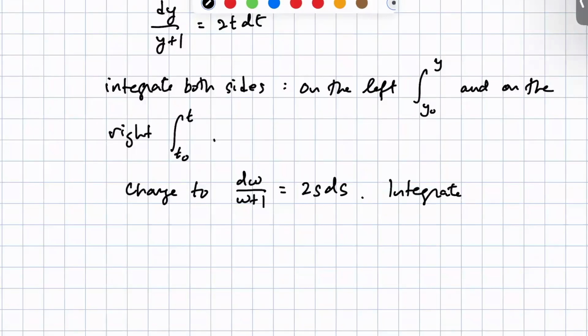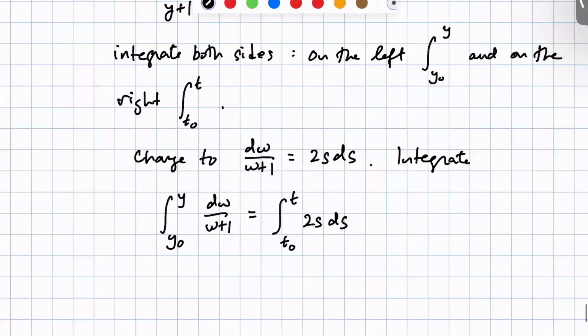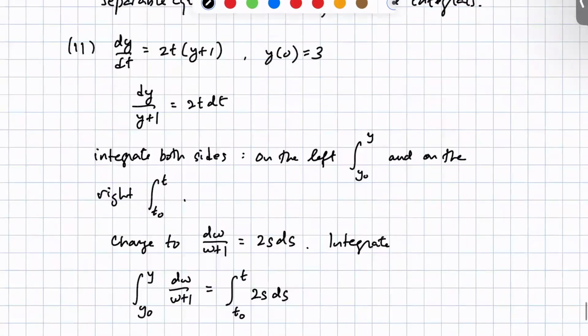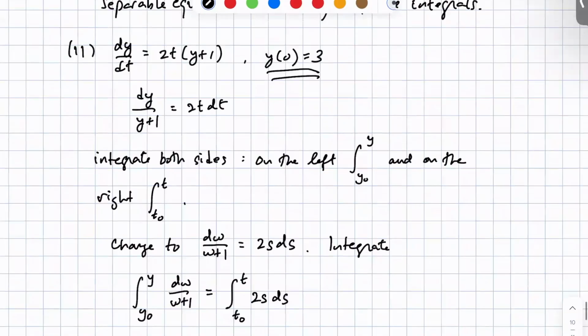On the left, I'm going to have the integral from y0 to y of dw over w plus 1, equal to the integral from t0 to t of 2s ds. Now here, what are y0 and t0? My initial condition gives me t0 is 0, and y0 is 3.